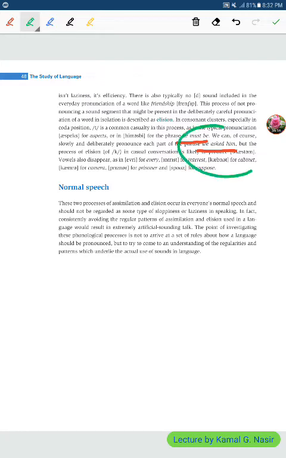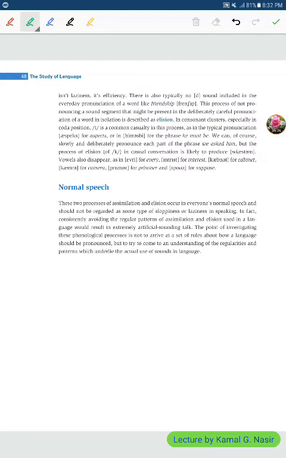So you say we asked him, where the T is elided and the H is also elided. This is elision. Then we come to the last part of our lecture today, which is normal speech.